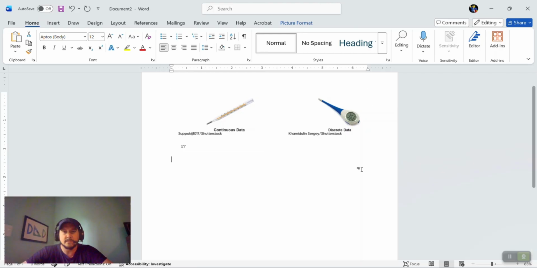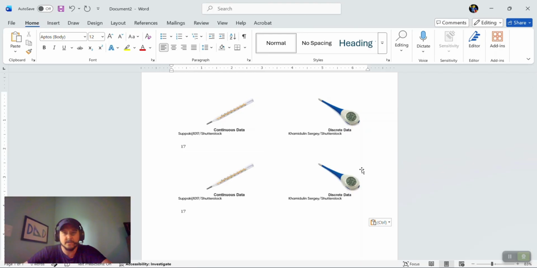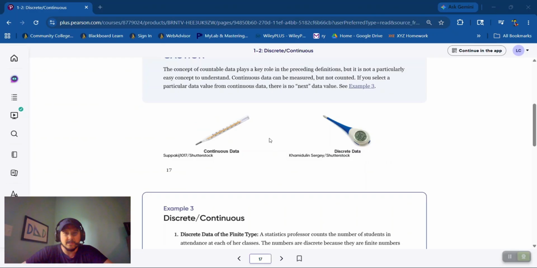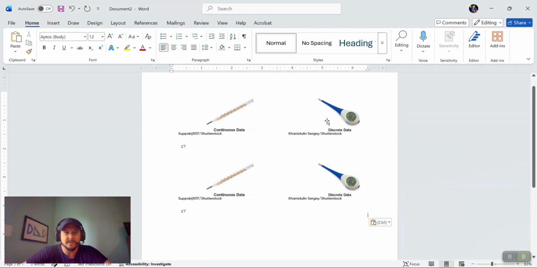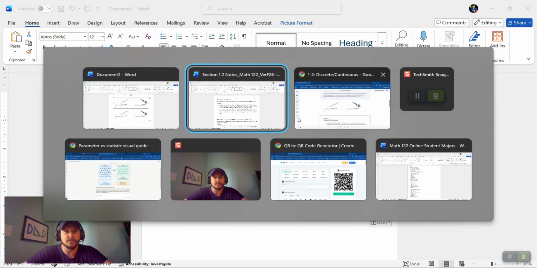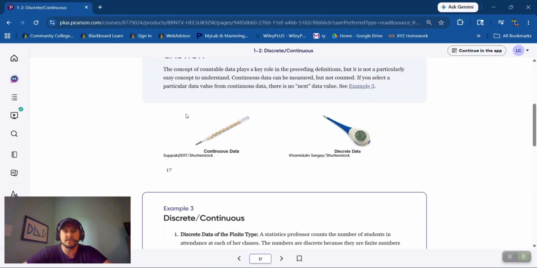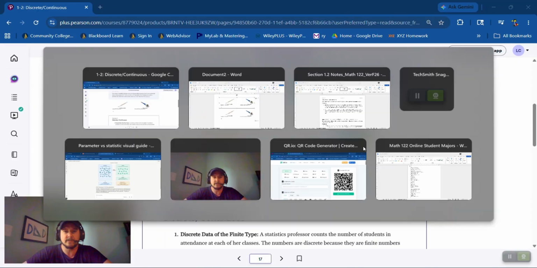I'm actually going to paste this twice. I don't know if it's just me, but if discrete data is being featured first, I'd like the discrete data image to go first. So what I do for that is I basically separate these out. Well, I guess what you could do that might be a little easier is just screenshot this individually and then screenshot that individually.